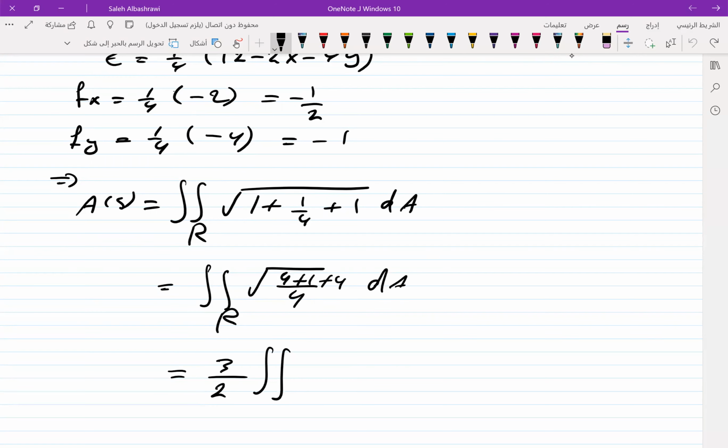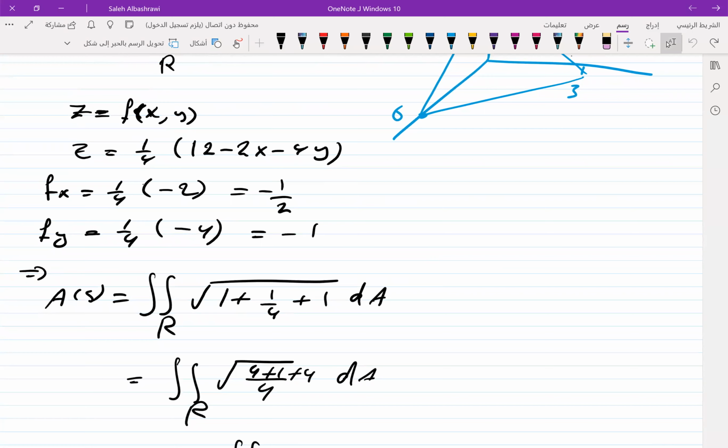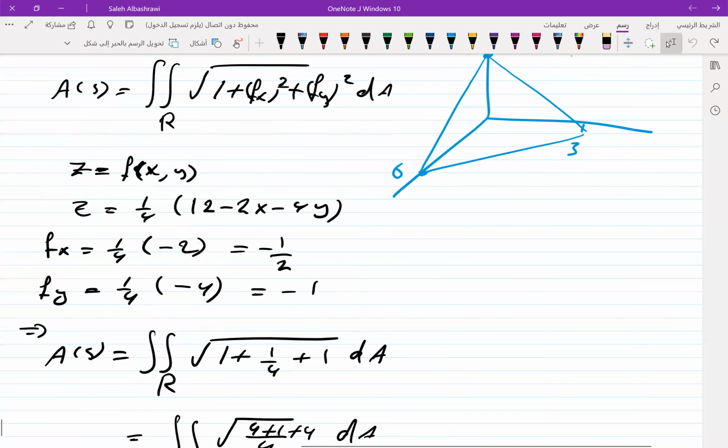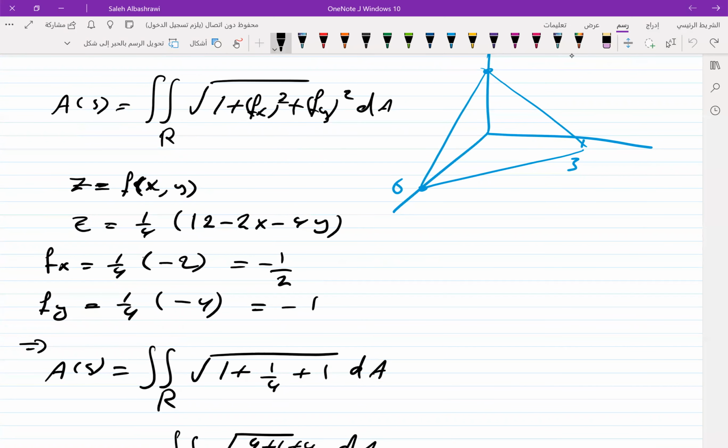Now for the region R in the xy plane, I need this to be on the xy plane. So to find the region over the xy plane, I will let z equal to 0, because it's like we are finding the shadow of the surface over the xy plane.